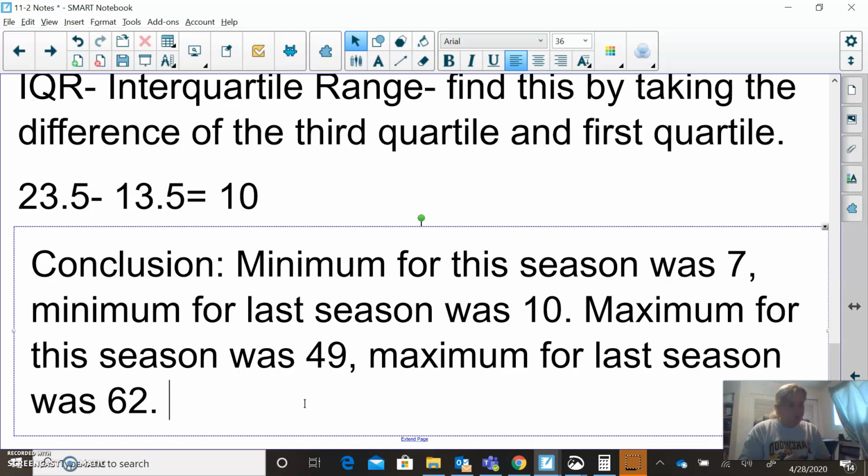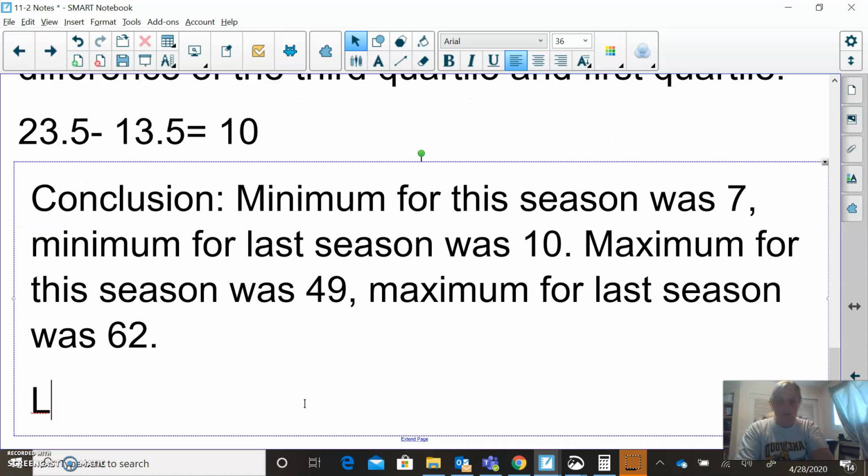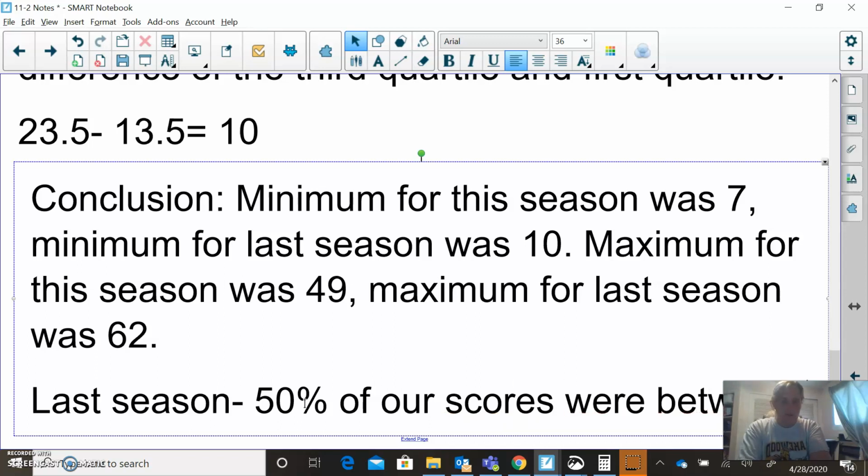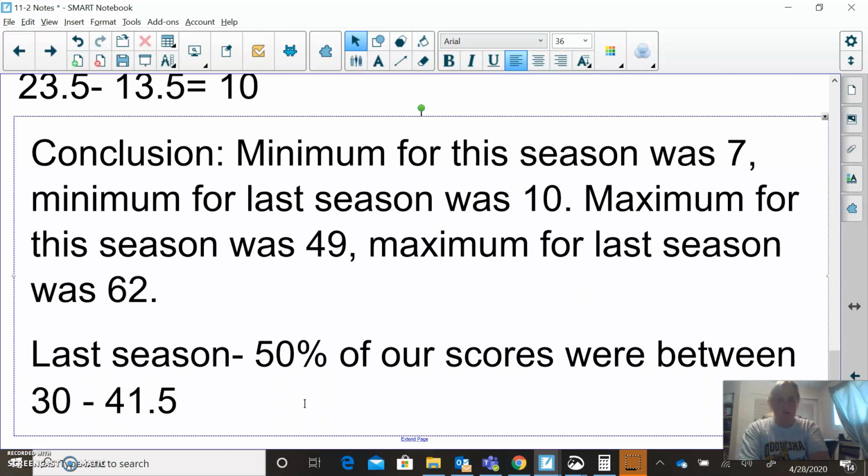Okay? We also need to look at this. So this season, 50% of our scores, if I can spell today, were between 30 and 41.5. 30 is our first quartile. 41.5 is our third quartile.